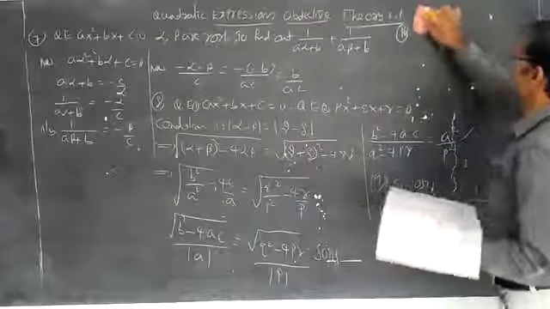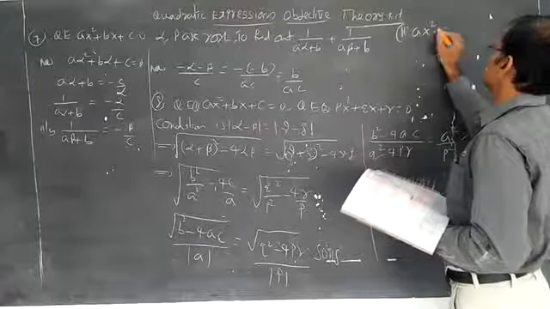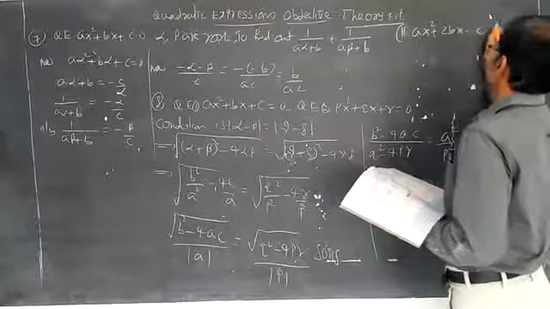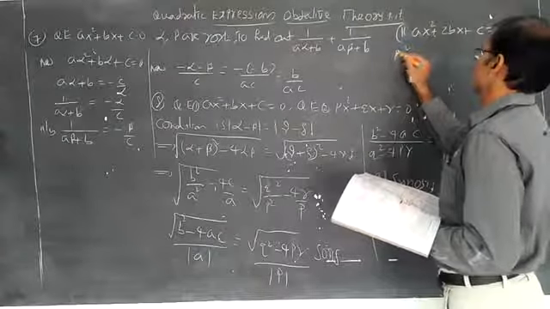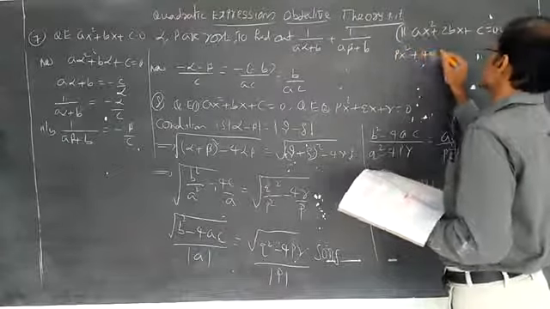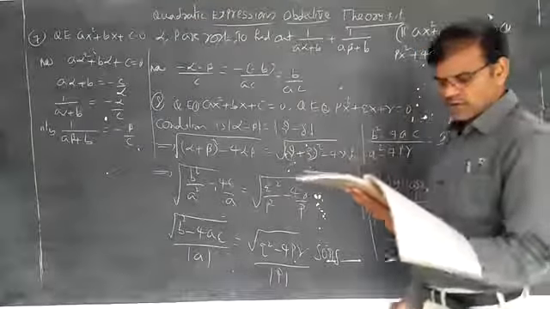The first quadratic equation is ax square plus 2bx plus c equal to 0. The second quadratic equation is px square plus 4qx plus r equal to 0.